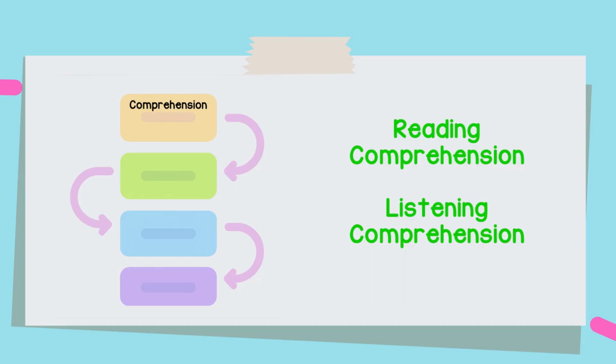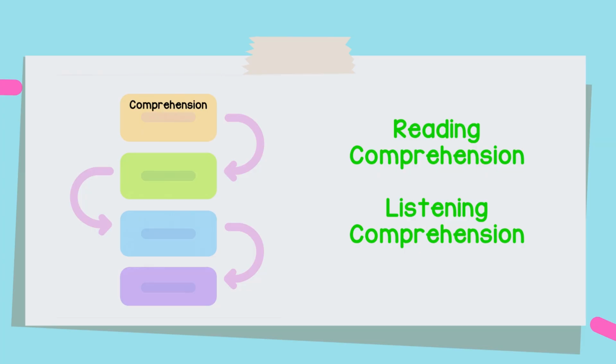Or if you're using a particular program, they often have comprehension checks based on that program. These assessments tell us whether the student can read and understand grade level text on their own. If a student consistently scores below benchmark on this type of test, it signals that something is interfering with comprehension, but it doesn't always tell us what.